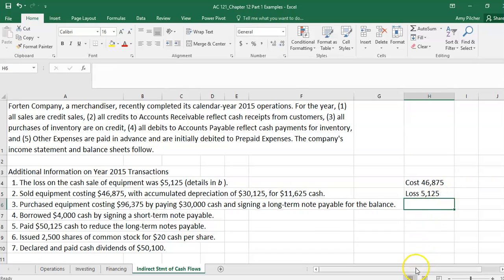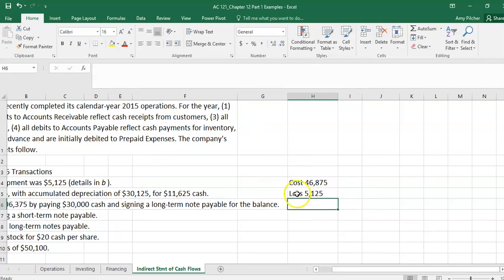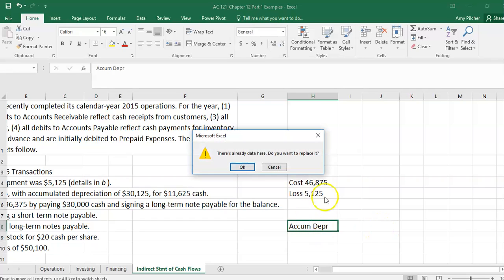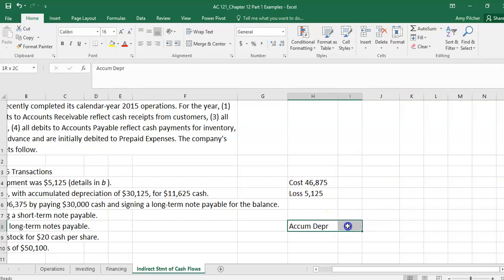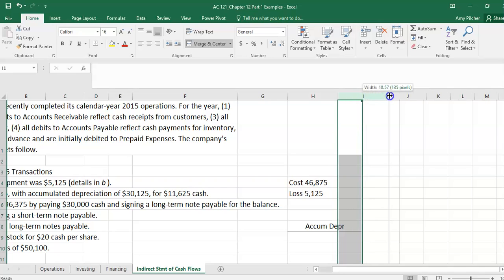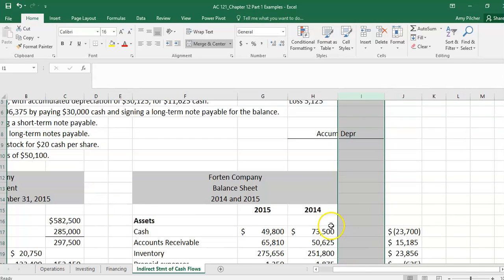So we're going to calculate what you do when you're only given this information about a sale. In order to calculate how much cash we received, we need to know what the book value of that asset was. In order to determine that, we need to make a T account, because the item that we don't have to calculate book value is accumulated depreciation. So we're going to make a T account for accumulated depreciation.